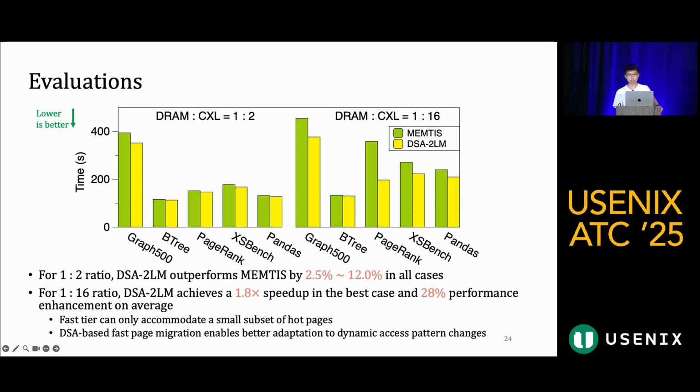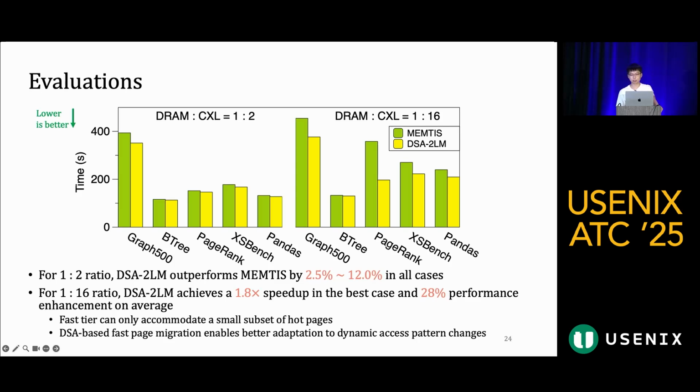We use the control group interface to limit the capacity ratio of fast tier and slow tier. When the DRAM to CXL ratio is 1 to 2, DSA-2LM outperforms MEMTIS by 2.5% to 12% in all cases.